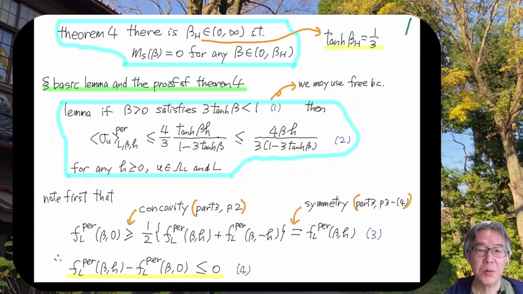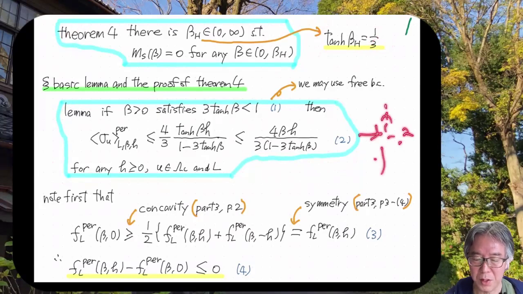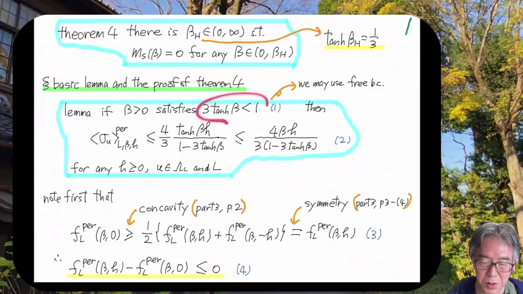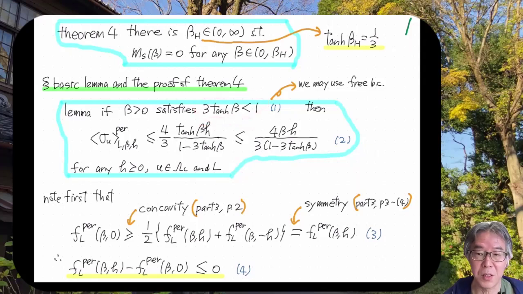And with this lemma, we could easily prove this theorem 4, which says that for the high temperature region, now you understand why we had this. This factor 3 came from the number of choices at each step. We said that we have at most 3 choices, so we have this condition. Also, this condition is precisely the condition that this infinite sum converges.